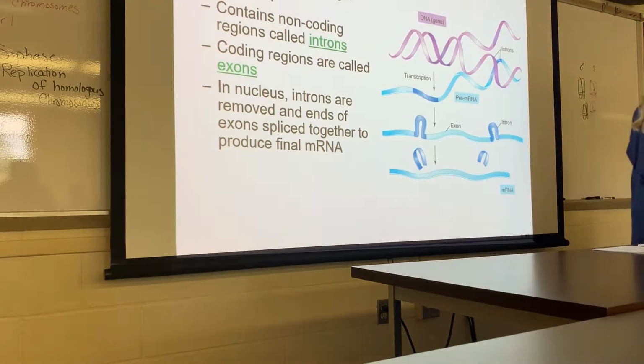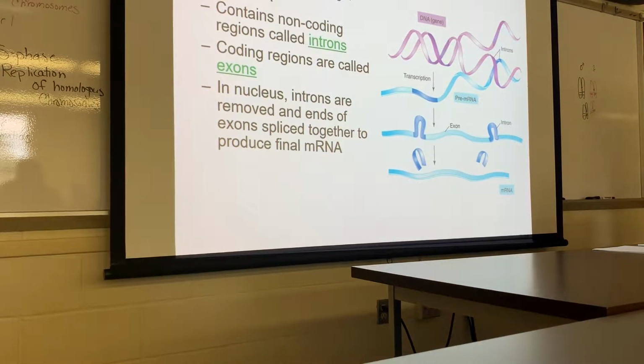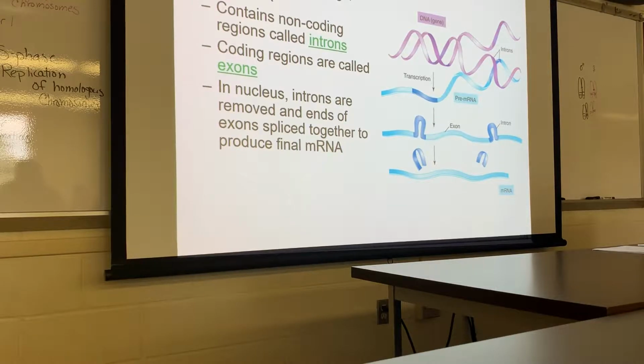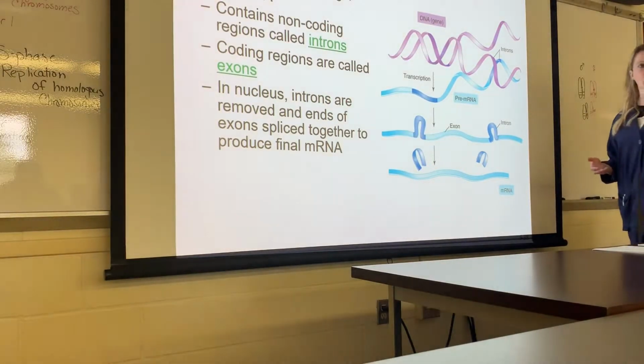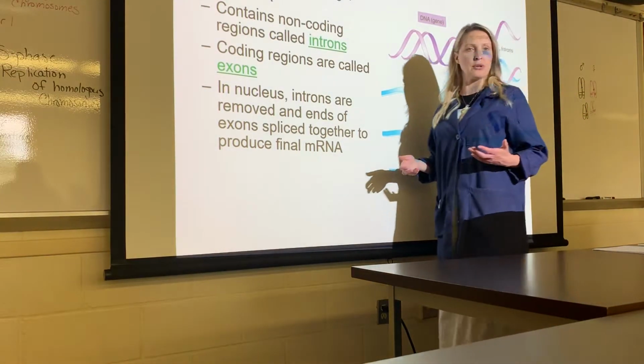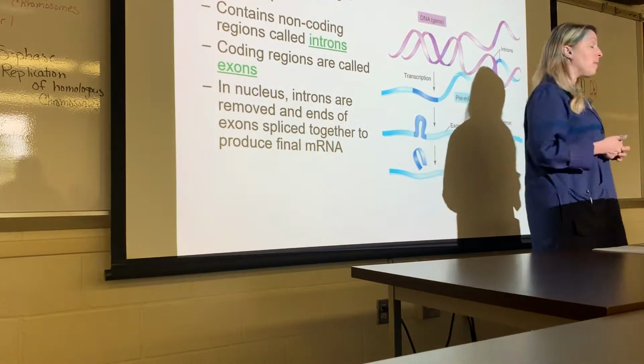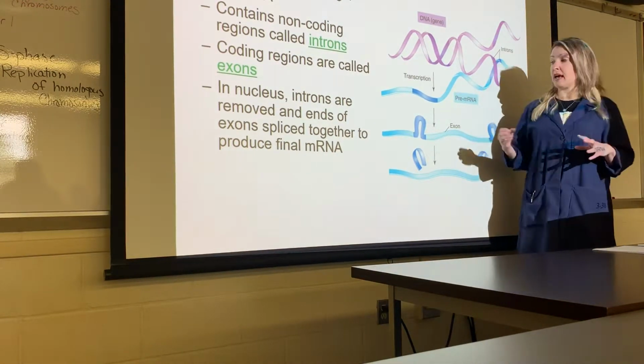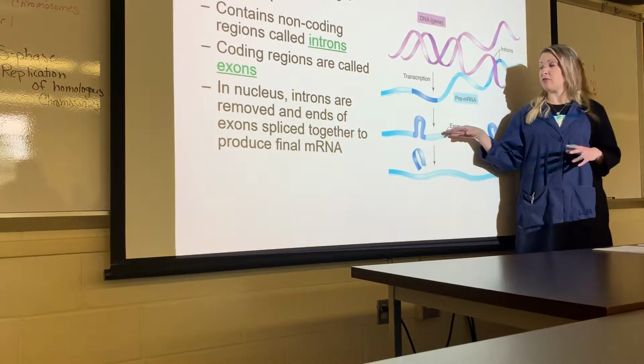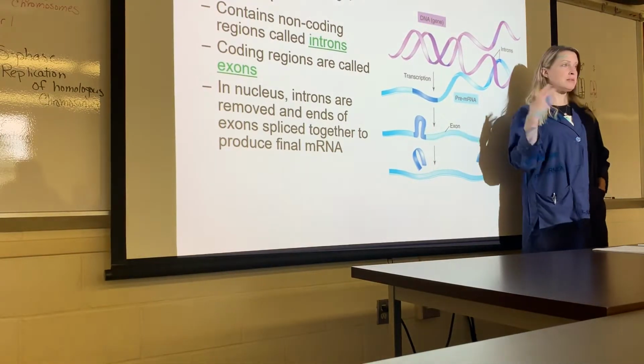Now, if you remember earlier, I said that there are 25,000 coding genes, but we can make 100,000 different proteins out of them. Why? Because there are alternate ways that these parts of the messenger RNA can be spliced together.